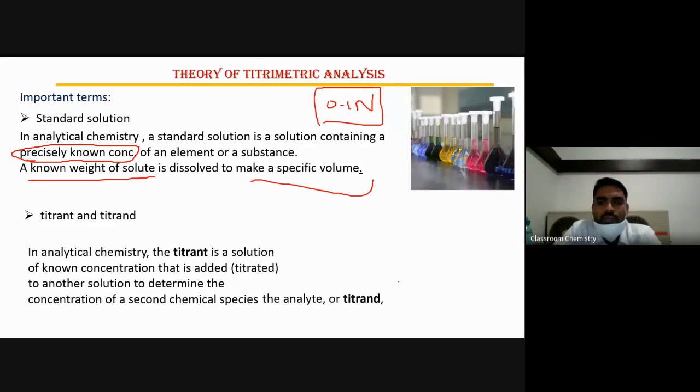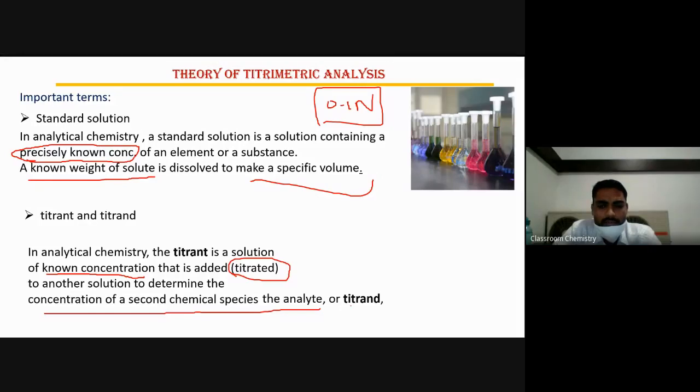The solution we prepare by using a particular solute, a particular solvent and a volumetric flask has known concentration. The titrant is a solution of known concentration that is added or titrated to another solution, to determine the concentration of the second chemical species, the analyte or titrand.